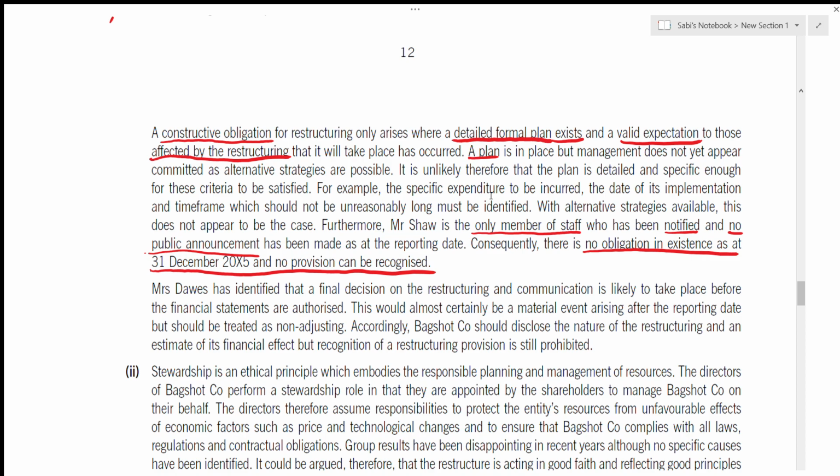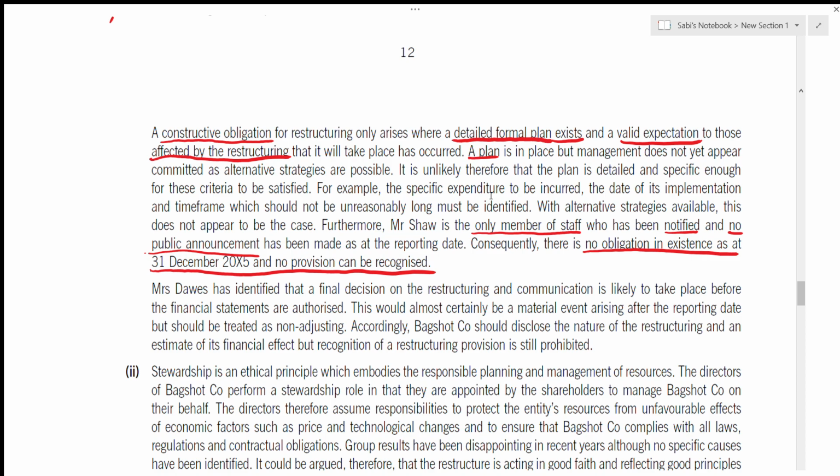Whenever a provision comes into place, mentioning the date is important in any case. In SBR, mentioning the date is very important. Don't forget your dates. So no obligation in existence as of 31st December 2005 and no provision can be recognized. If no obligation, then no provision.